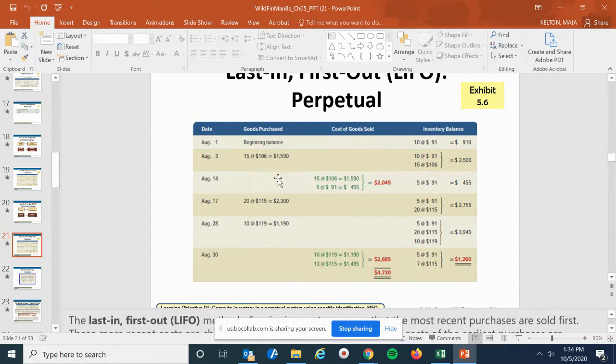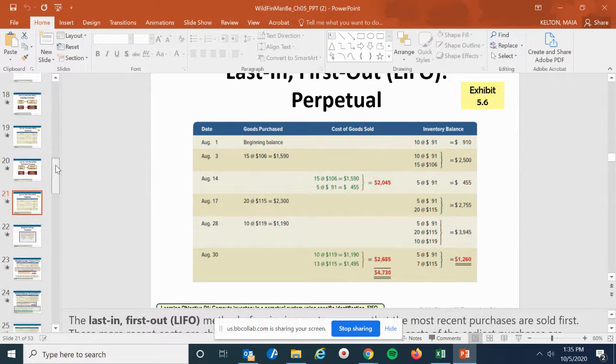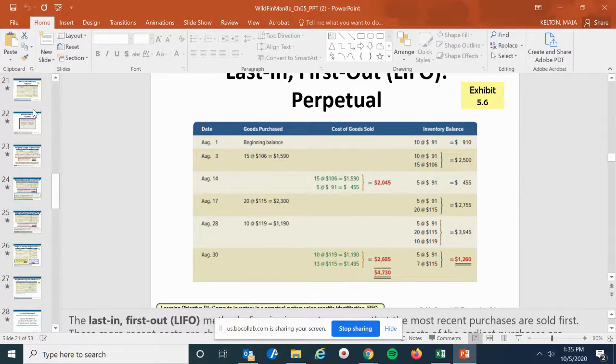So LIFO and FIFO will give us very different answers. In periods of rising prices, FIFO will give us the lowest cost of goods sold, and LIFO will give us the highest cost of goods sold. So these are the two assumptions, inventory valuation or inventory costing methods.